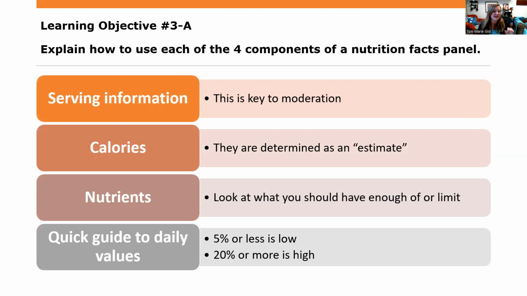And then there's a quick guide to your daily values. So if you have a food stuff that has less than 5% the daily value for sodium, you know it is low in sodium. If you have a food stuff that has 25% the daily value for fiber, it is going to be high in fiber.